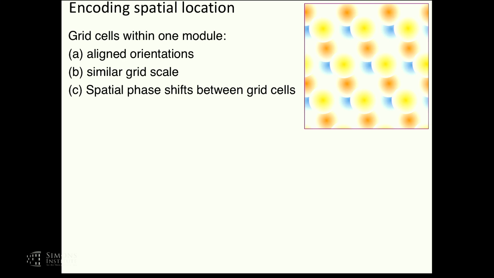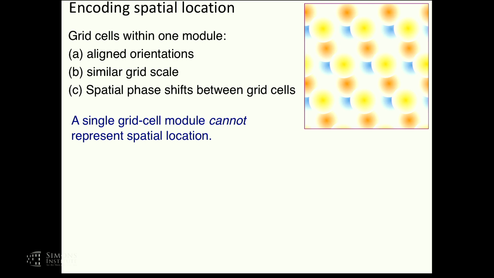And I have done it in an idealized form. These are 3 grid cells, and they have aligned orientation, similar grid scale, but there is a spatial phase shift. That's grid cells within one module. And you may wonder, why are they arranged in that way? Because obviously, because they repeat periodically, the readout does not know whether the animal is here or 1 period away.